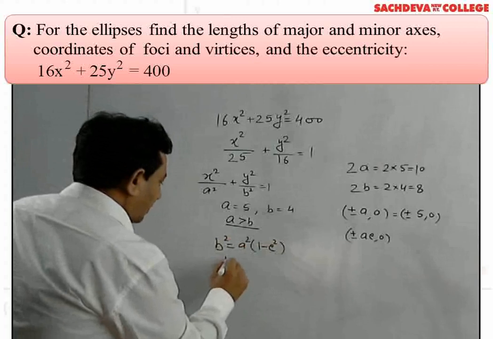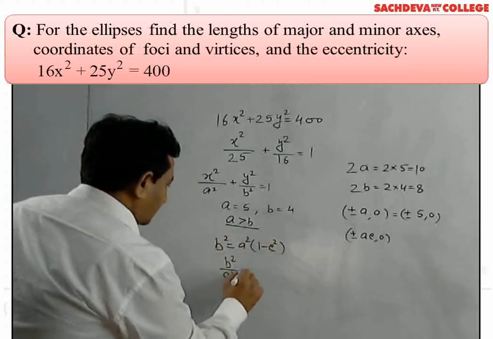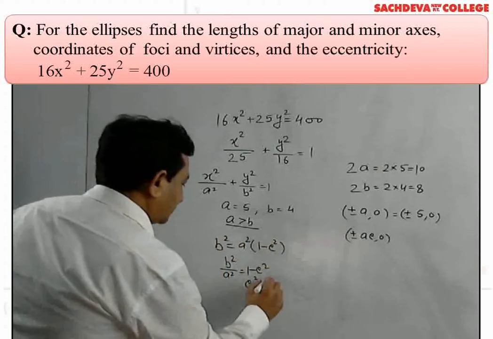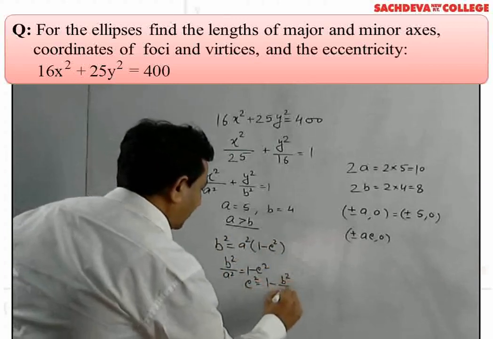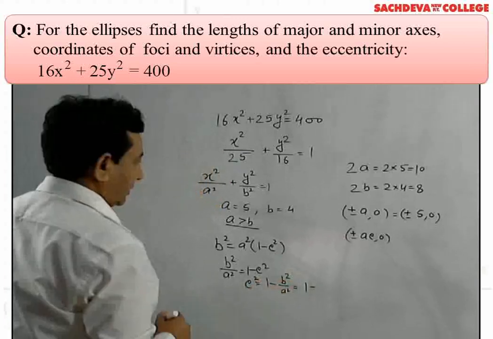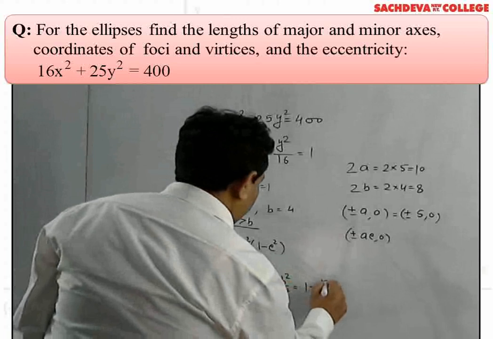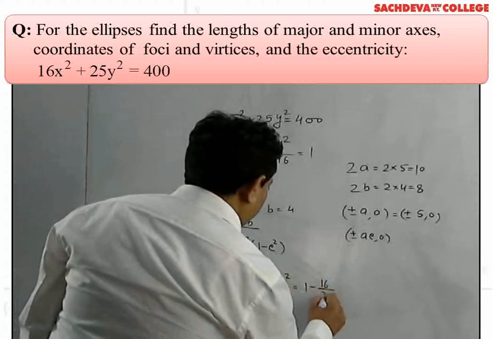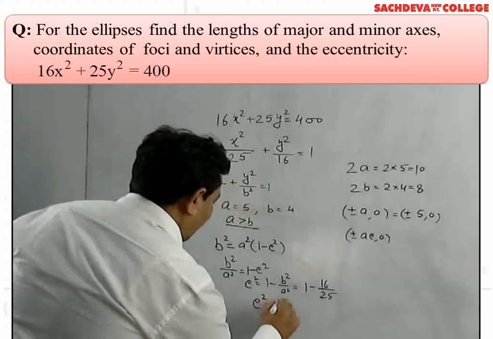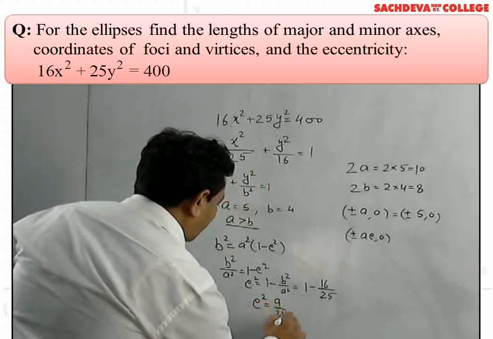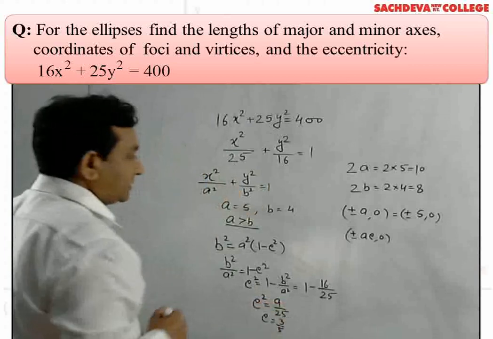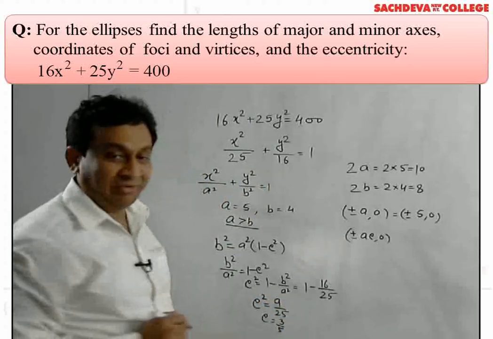So b square upon a square is equal to 1 minus e square, or e square will be equal to 1 minus b square upon a square, because b square is 16 and a square is 25. It means e square will be equal to 9 by 25, or e is equal to 3 by 5. It means eccentricity is 3 by 5 here.